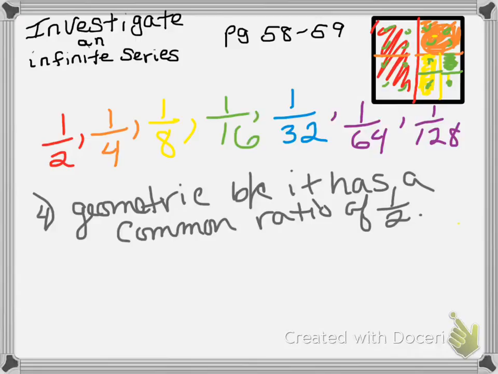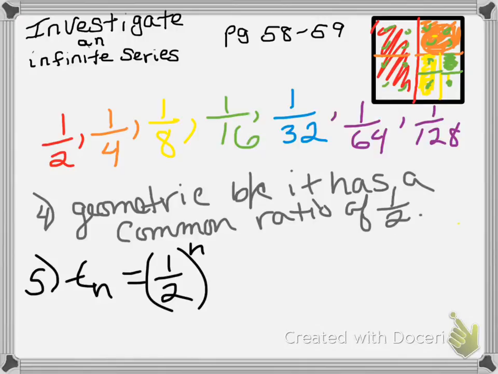Alright? And then 5 asks us to write the rule for the nth term in the sequence. Well, we know that the nth term in our sequence, so term t sub n, is equivalent to 1/2 to the power of our term number.